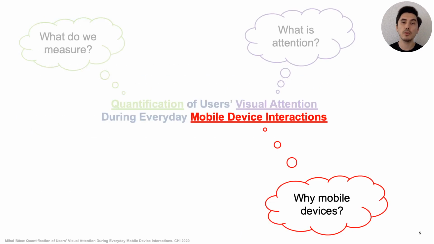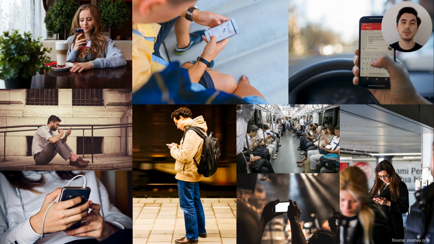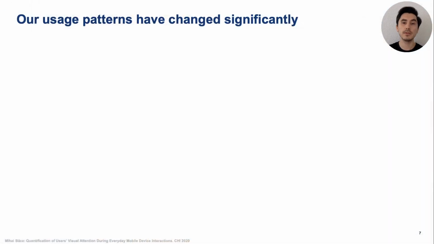So why are mobile devices particularly relevant and interesting to study? Mobile devices are used by millions of people, at home, while commuting, waiting for a bus, with friends, and sometimes even when we shouldn't use them, for example while driving. Because of this, our usage patterns have changed significantly.